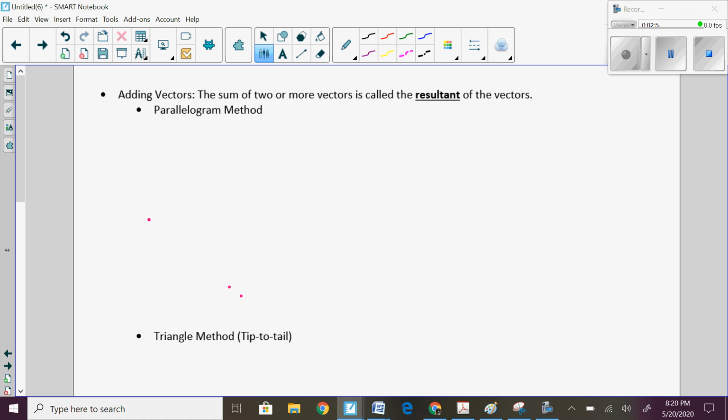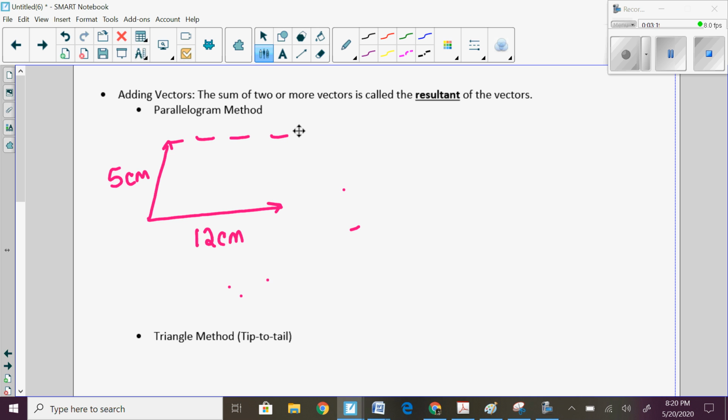So suppose you have a vector going this way, and we'll say it's 12 centimeters long, so that's the magnitude. And we have another vector going this way, or pulling that direction, or pushing that direction, and that vector is represented by 3 centimeters. For the parallelogram method, what we can do is complete this parallelogram.